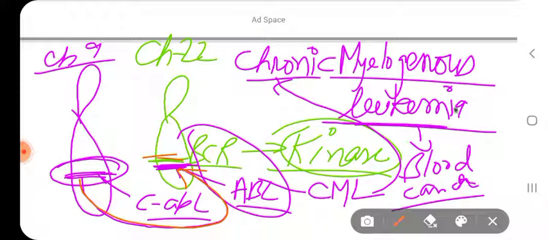Similar types of translocation also occur between chromosome number 8 with chromosome number 14, 22 and 2. So when translocation occurs between chromosome number 8 with chromosome number 14, 22 or 2, what will happen?